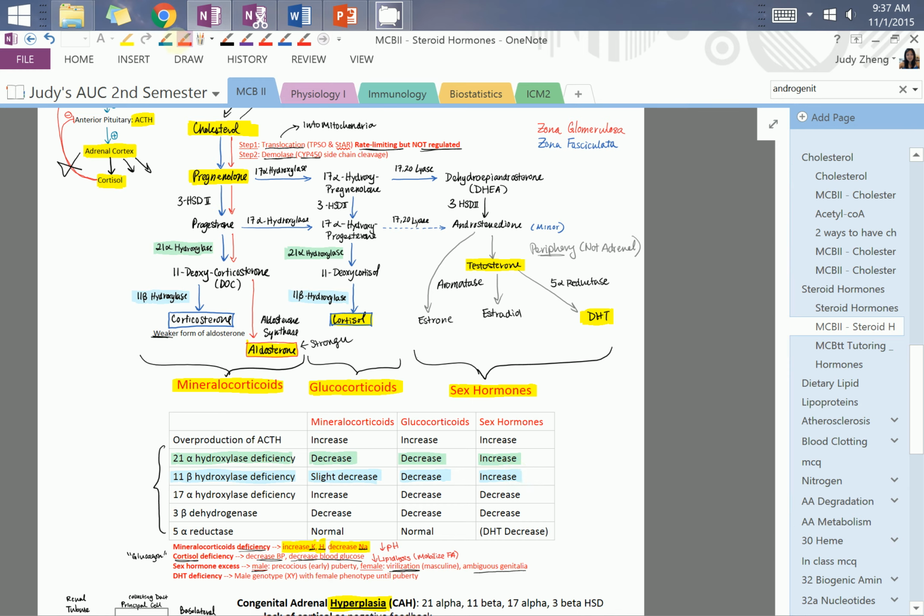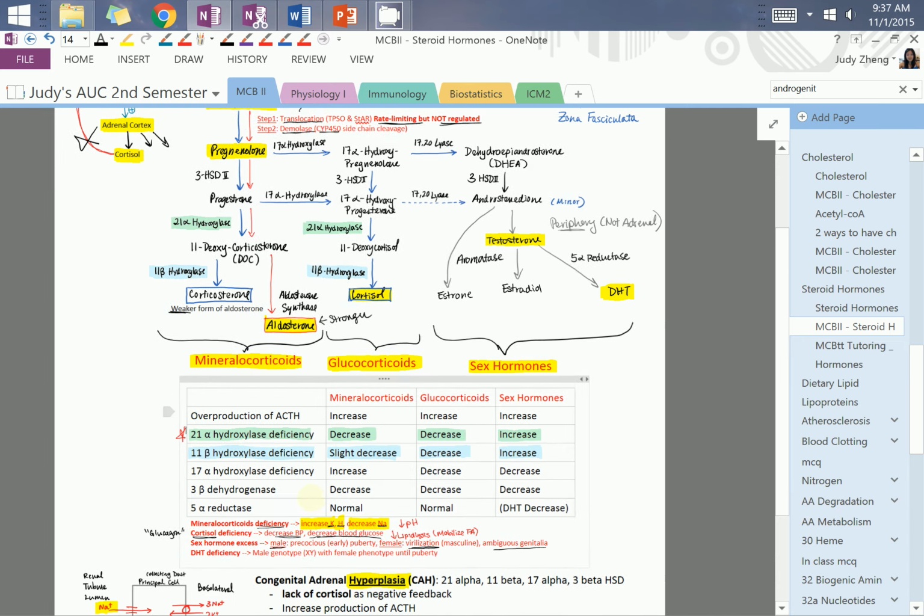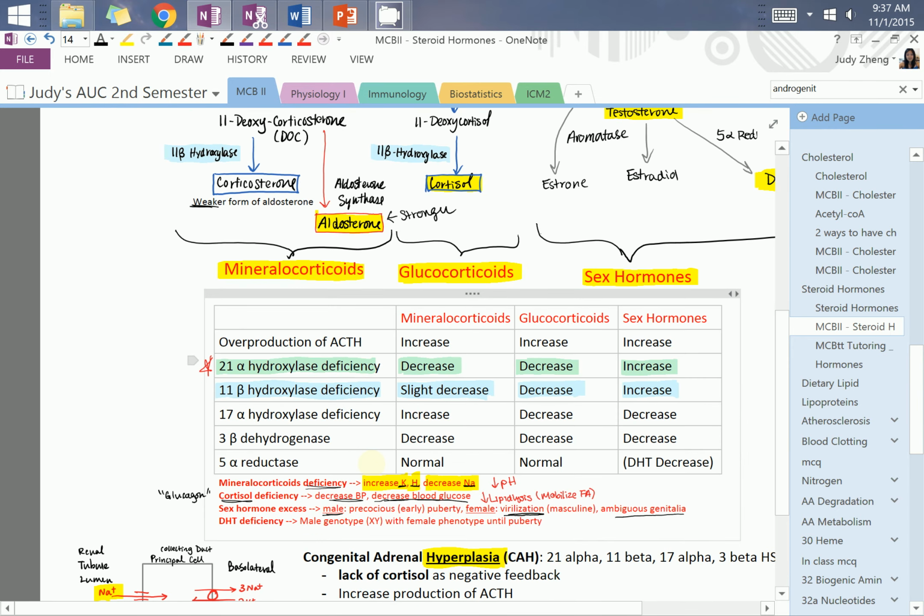So many of the symptoms are very similar, but you must also remember that 21 alpha hydroxylase is the most common form of the congenital adrenal hyperplasia. I think it was somewhere around like 90 to 95%. So most common is the 21 alpha hydroxylase deficiency.